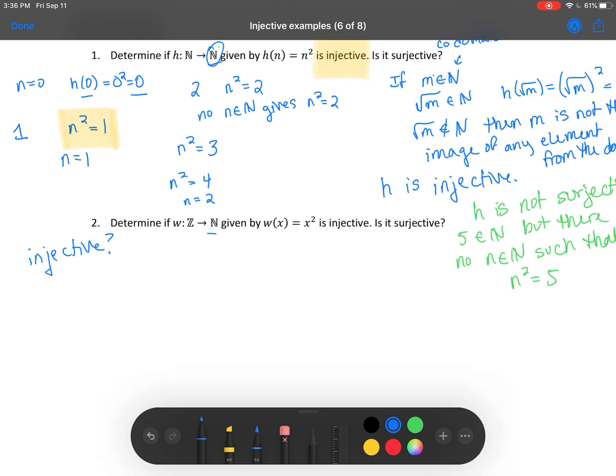But since we were restricted to the domain of the natural numbers, we only had one answer. But here, if we choose the output element, I guess we'll use 1 again, and say for what x is x squared equal to 1, then here we do get both of those answers because our domain is the integers, which includes both the positive and the negative. Okay, so since 1 is the image of both +1 and -1, that's enough to say that this function w is not injective.